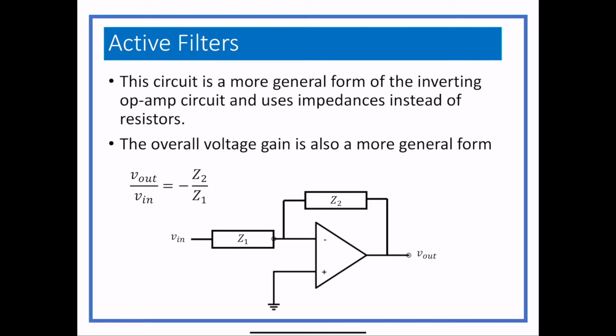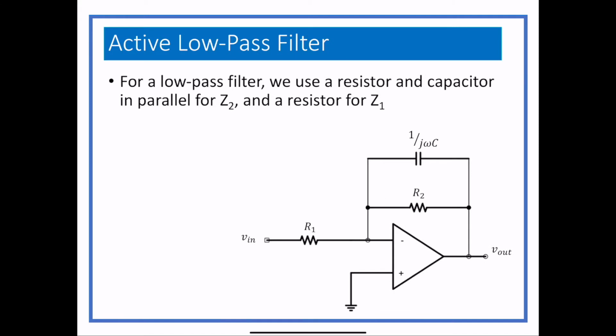So for a practical low-pass filter, one that will work and work well, what we do is Z1 is just equal to R1. That will still be resistive. But Z2 is actually going to be a parallel combination of a capacitor and a resistor. So it's going to look like that.